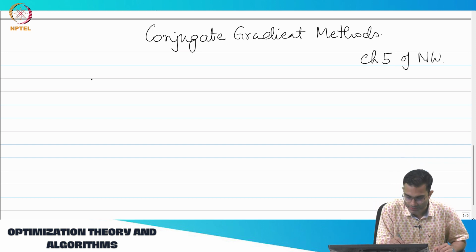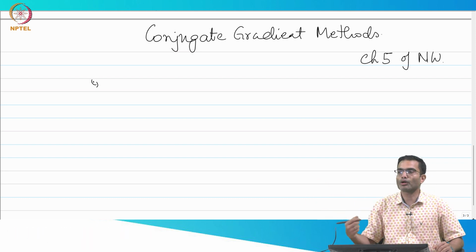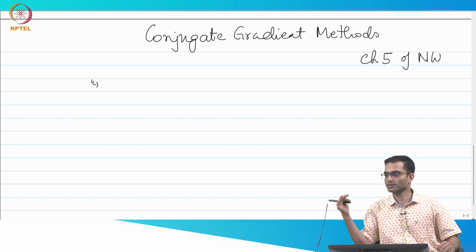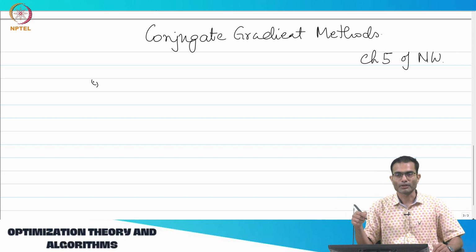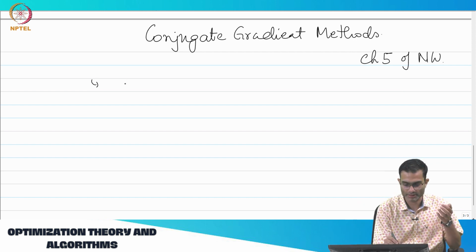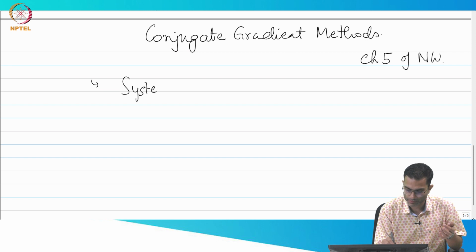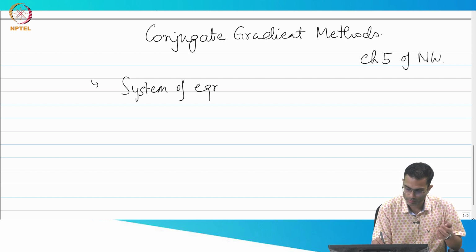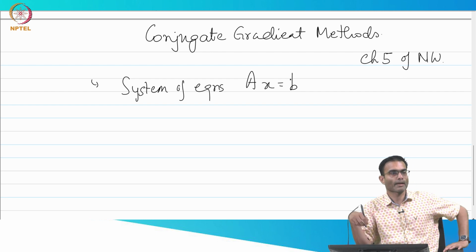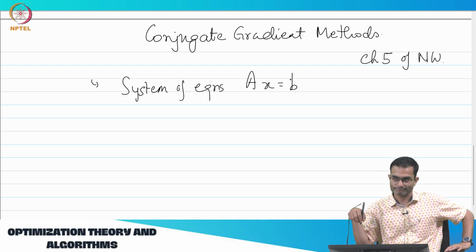But the motivation for this is as follows. In a lot of problems of engineering, whether it is mechanical, aerospace, electrical, you end up with a linear system of equations to solve, right? You will basically get a system of equations of the form Ax is equal to B, and you want to solve this, okay?